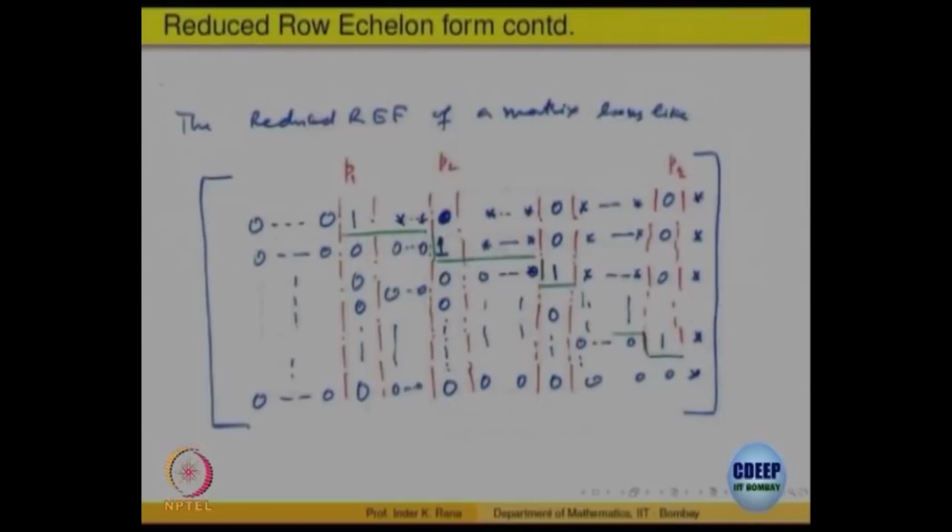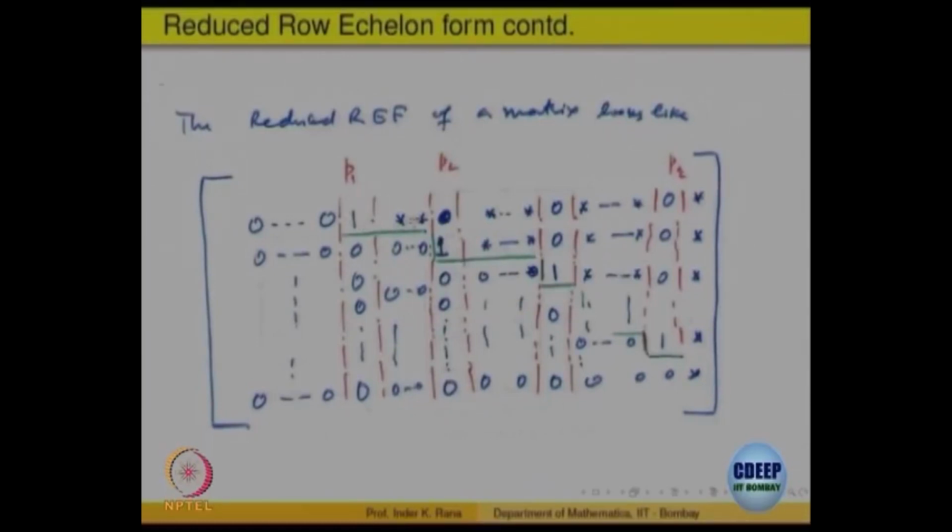So, this is what the reduced row echelon form will look like, just a picture for the general one. There may be some columns which are all 0, it does not matter. The first row will have a non-zero entry at a place P1, the first pivot is 1 and coming at place P1.